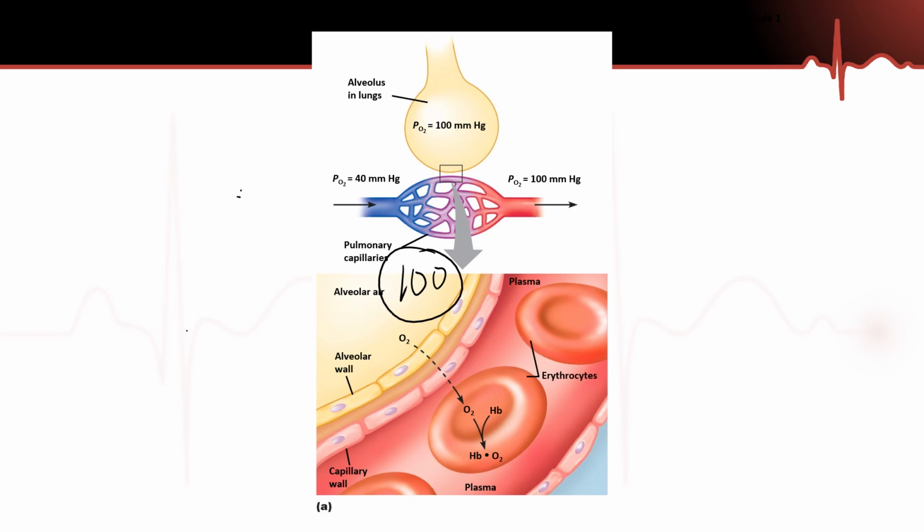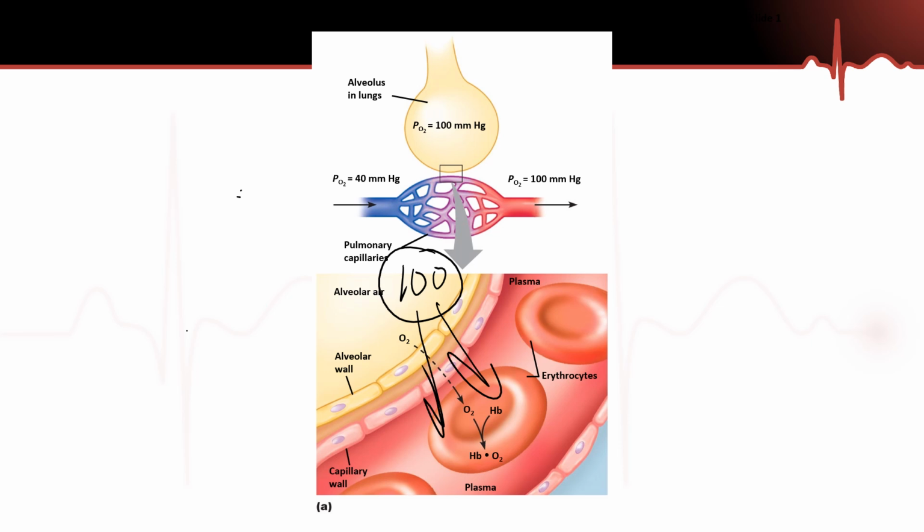And that should tell you how much oxygen there actually is within the air that we breathe. Because despite the fact that literally billions of oxygen molecules will have left the air in the alveoli and gone into the bloodstream, that's still not enough to meaningfully bring down the partial pressure of oxygen within the air in the alveoli.